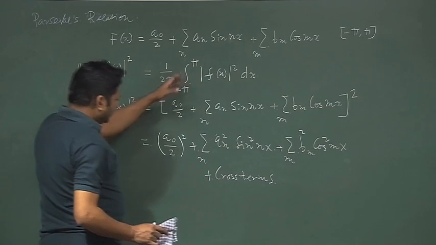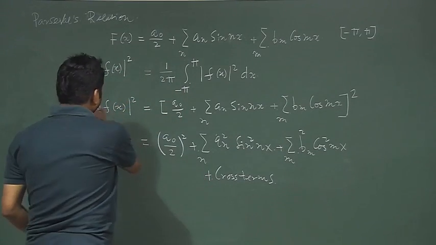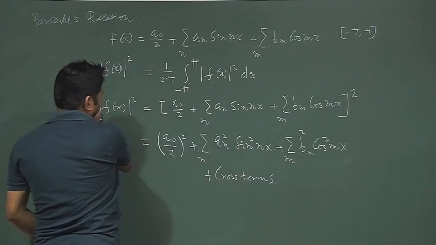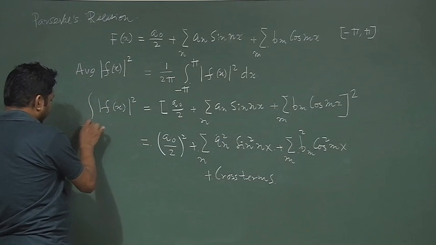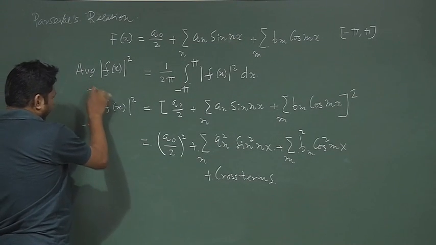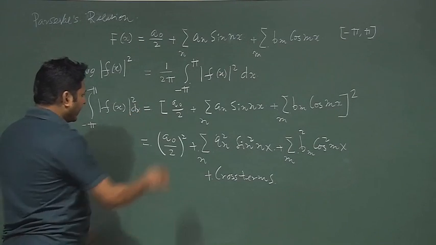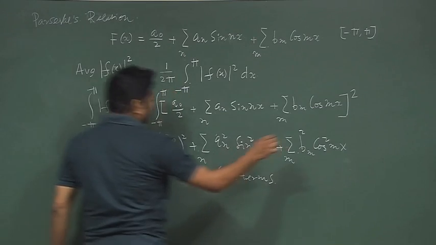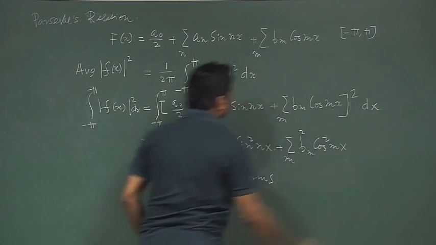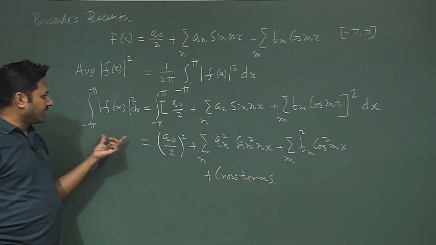then if I put this here, and if you just try to appreciate this case, okay, let me write it from here. So, now I want to integrate this from minus pi to pi dx. On the right hand side also I need to do the same, minus pi to pi dx, because I am writing this part only, 1 by 2 pi I am not considering for the time being.